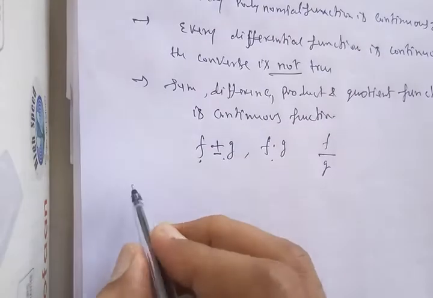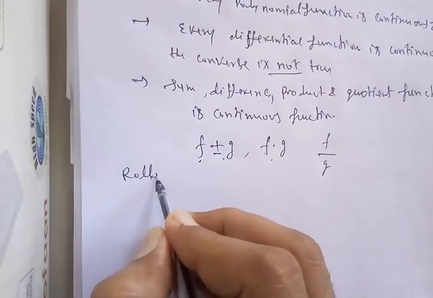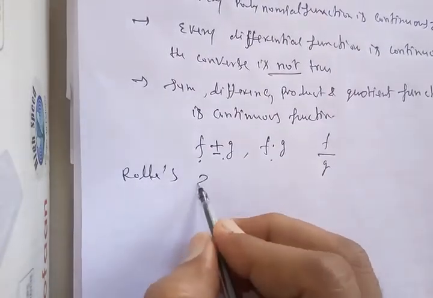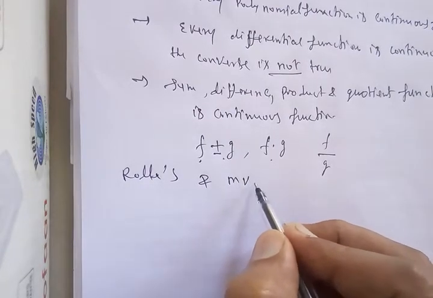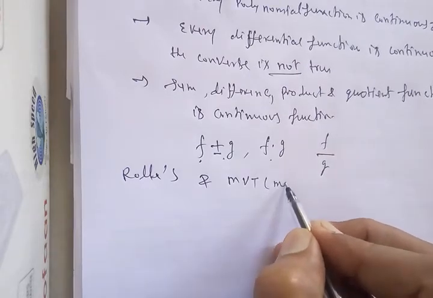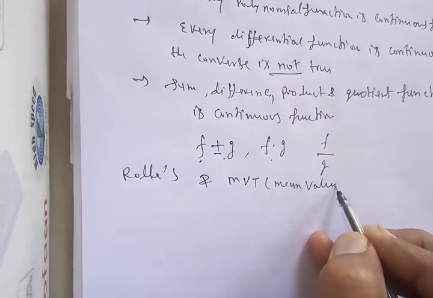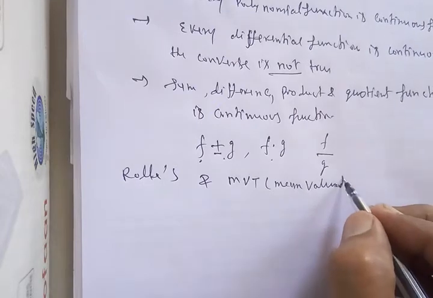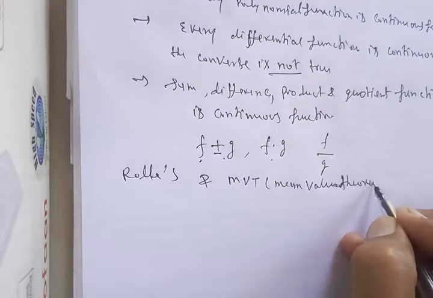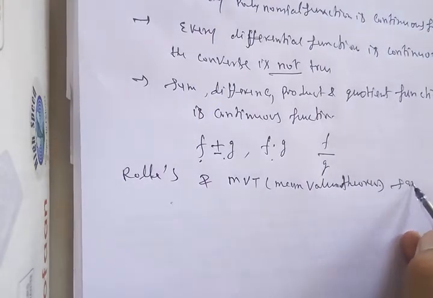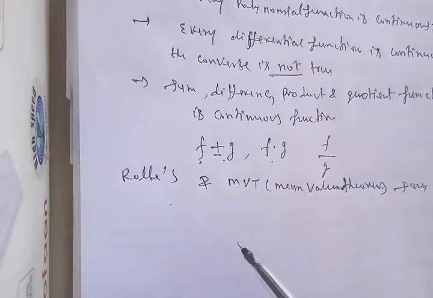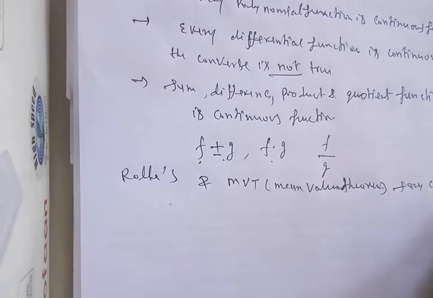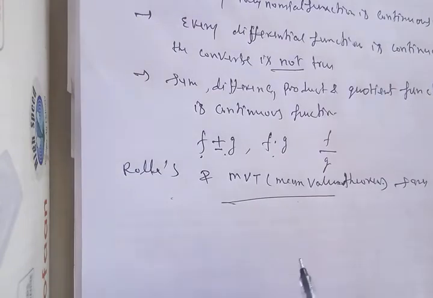Rolle's theorem and the mean value theorem require continuous functions, meaning these theorems apply to continuous functions.